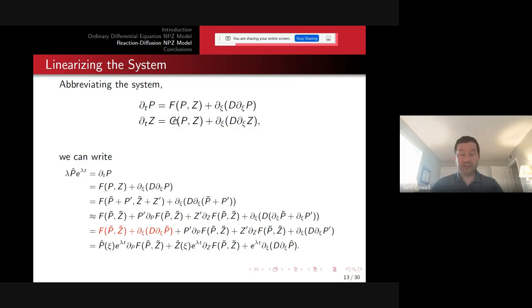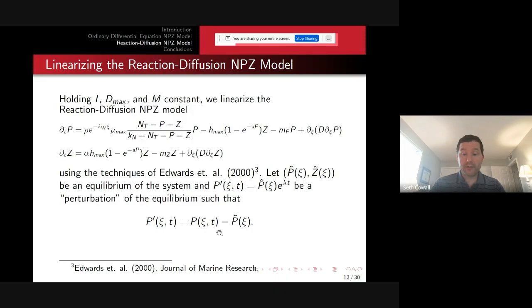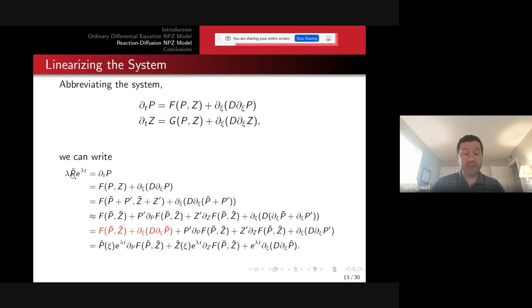When we do this, we can write the following. We take the time derivative of P, put that on the other side, and the time derivative of this would just be lambda times P hat e to the lambda t, and we get this just from the equation, and we get this line just from substitution.